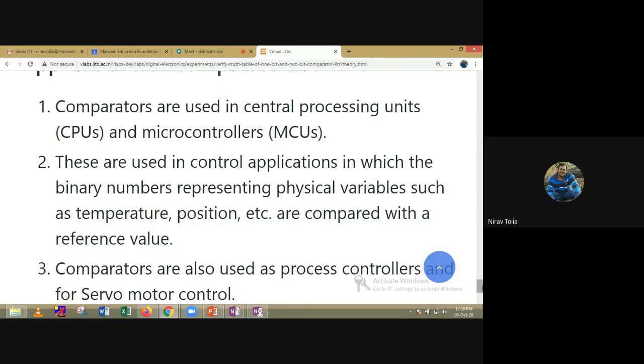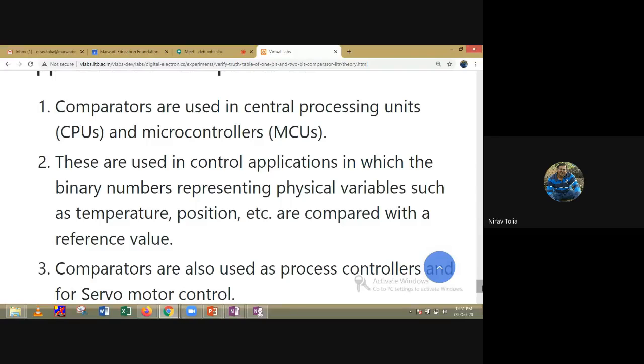And when both temperatures are the same, suppose you set your AC temperature at 23 degrees and now your room temperature is also 23 degrees, the comparator gives the signal to the AC, the supply is cut off and your AC is switched off.